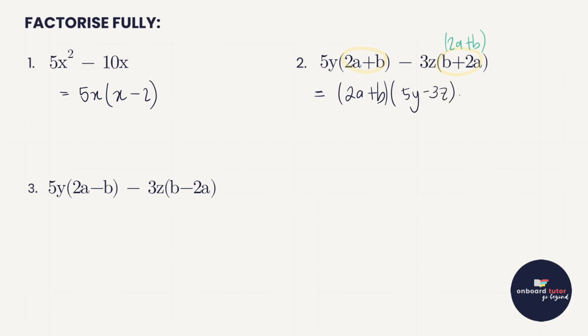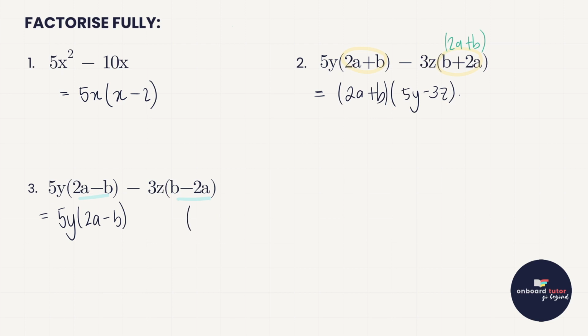But have a look at example 3, and we'll see, are these brackets the same? So the question looks so similar. 5y, 2a minus b, minus 3z, b minus 2a. Now subtraction is not commutative, but there is a way that we can change the order inside the brackets. So let's leave the first brackets, because if we change both, then they'll still be different from each other.